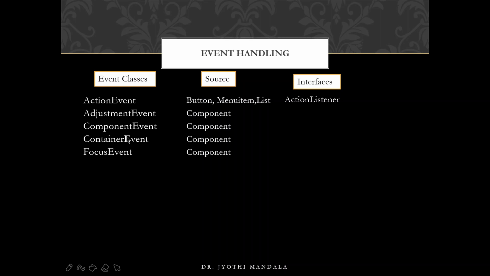All these classes have methods that are used to handle the events generated by components. Multiple components will be there, and if any event is generated by them, it can be handled by the methods available in these predefined classes and also by using these interfaces.